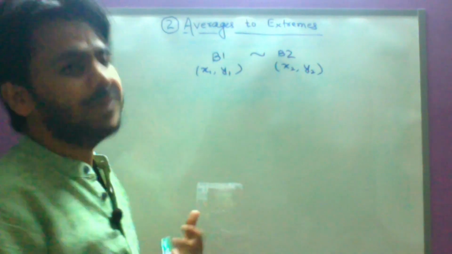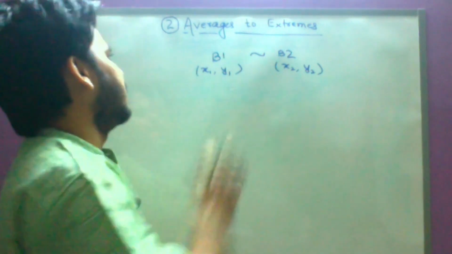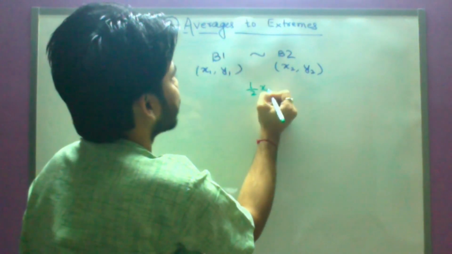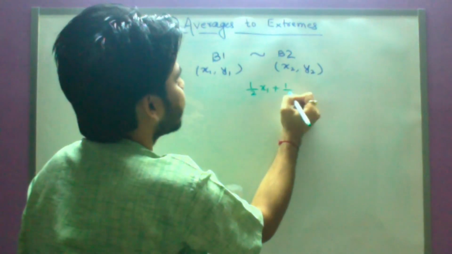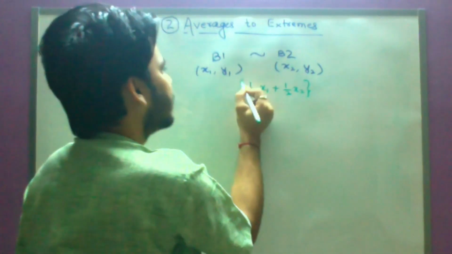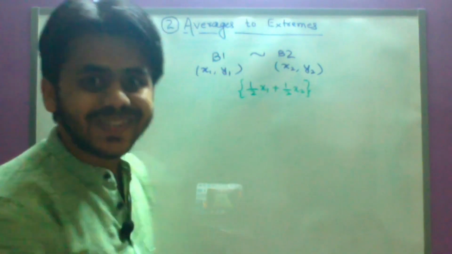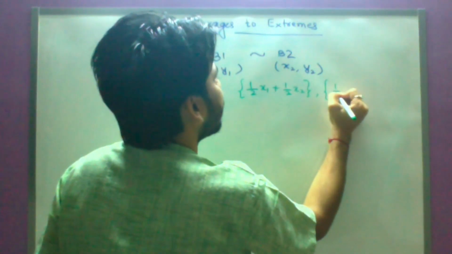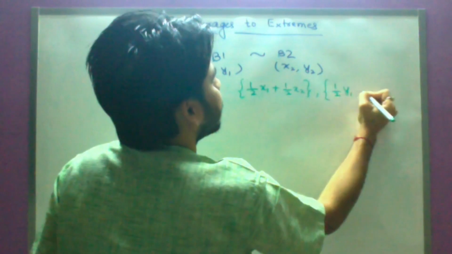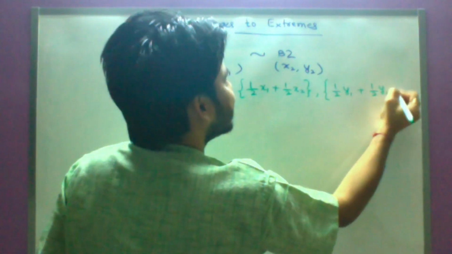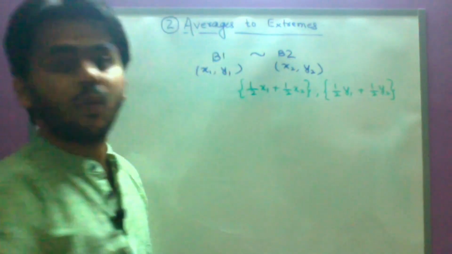Now what do I mean by an average? Let's say I take half of x1 and half of x2. This will be my new x, and I take half of y1 and half of y2. This will be my new y.